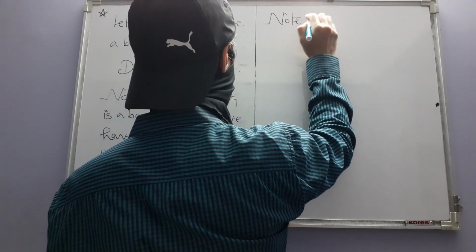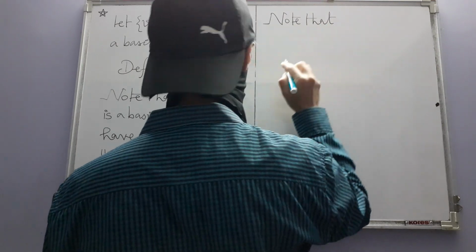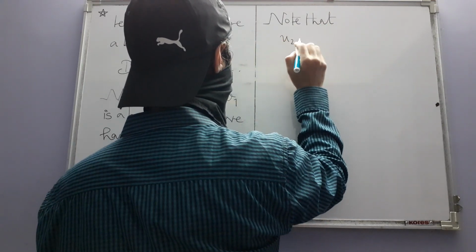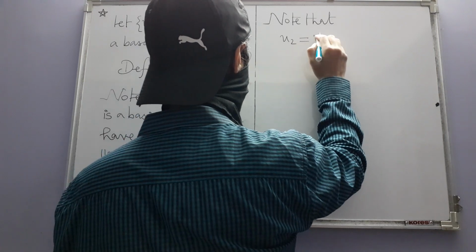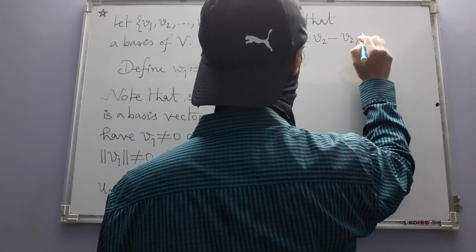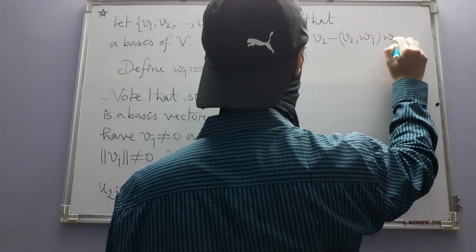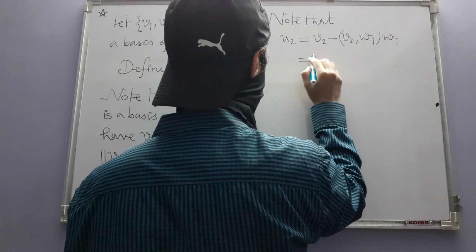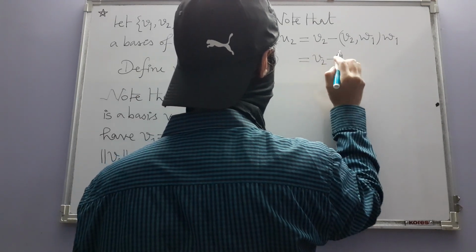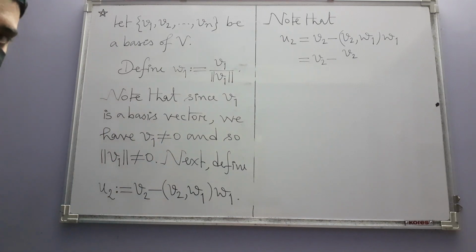Note that U2, which is V2 minus this W1, is equal to, so now let's write what W1 actually is.